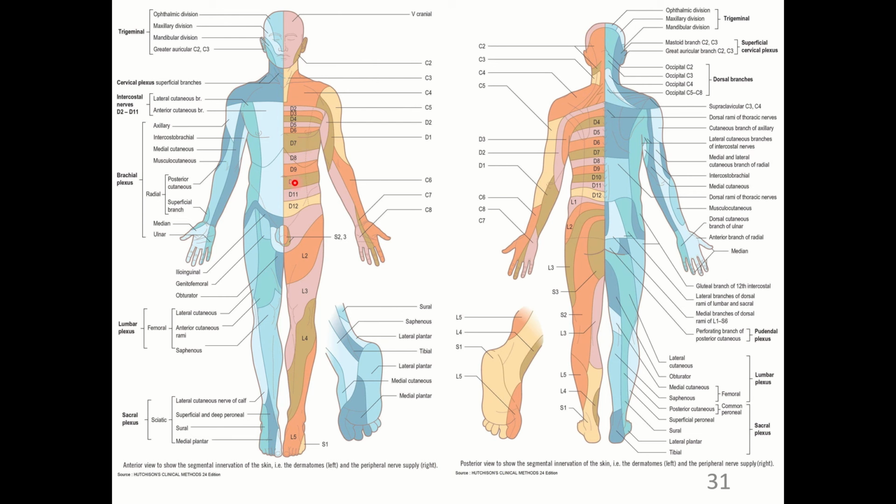Here's D10, which would be the appendicitis if it was on the right side of the body, so it'd be over here. And then also in this area, we can see that the dermatomes for like D2 and D3, D1, these will all correspond to the pain that a patient is feeling if they are having a heart attack.